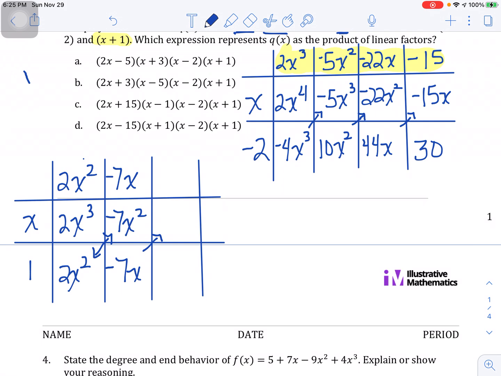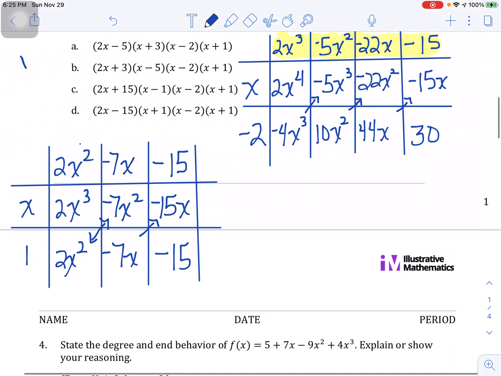Again, pairing with whatever I put there, I need to get a negative 22x, and so I'm going to add in a negative 15x, which makes this a negative 15, which makes negative 15 times 1 a negative 15, which is good because that's what I've got for my constant term up there in this factor here.